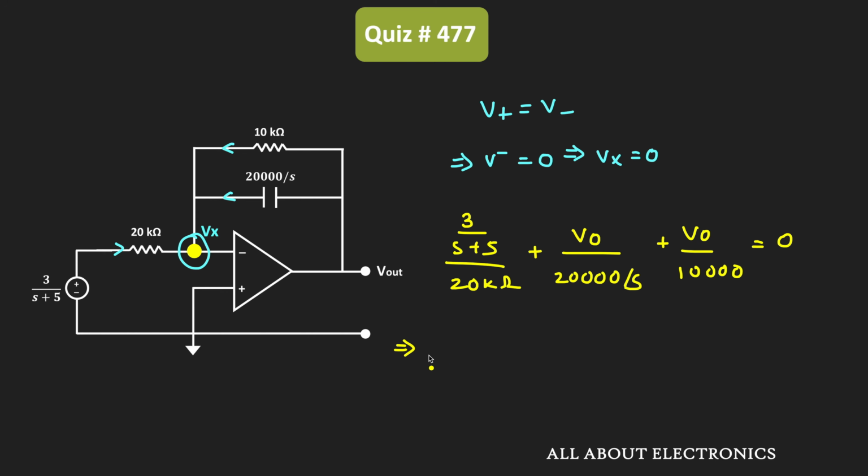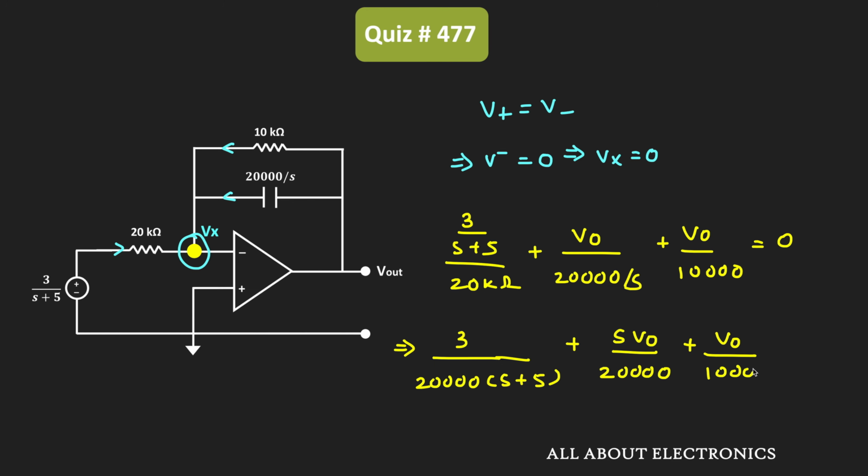Further, we can write it as 3 divided by 20,000 times S plus 5, plus S times V out divided by 20,000, plus V out divided by 10,000, equal to 0.